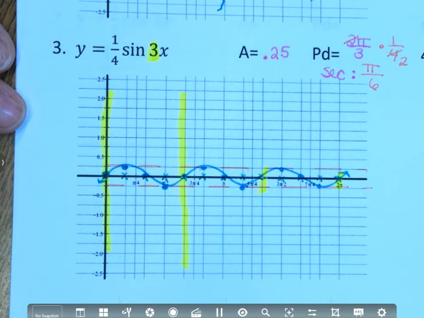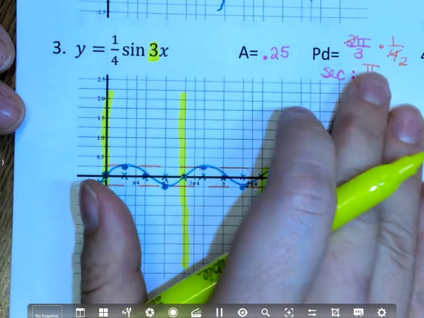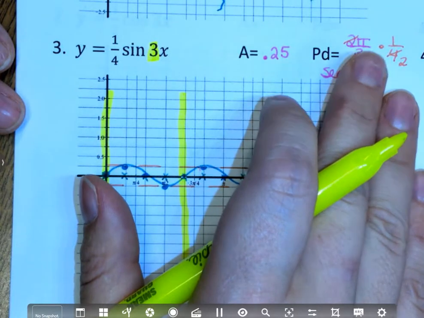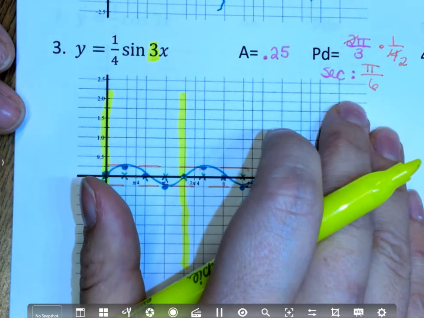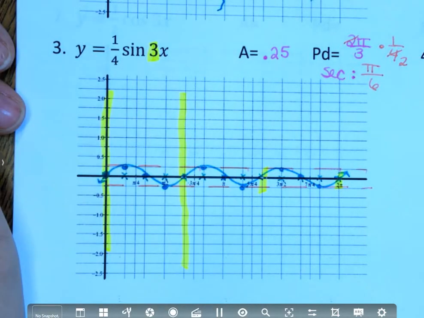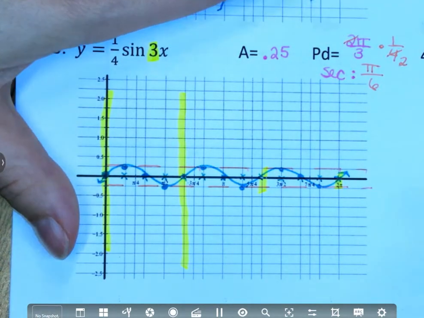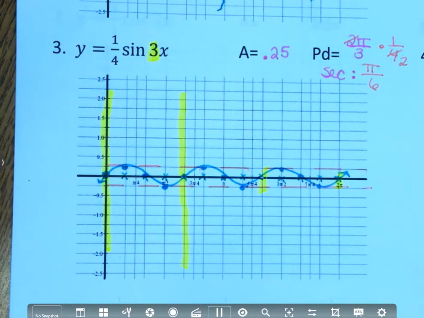Any other questions on what we're doing so far? So we start with your amplitude, determine your period, go from your period to the sections, and then think sine or cosine. Sine starts middle, cosine starts where? Top. All right, I want you guys to do number 4. On your own, start to finish.